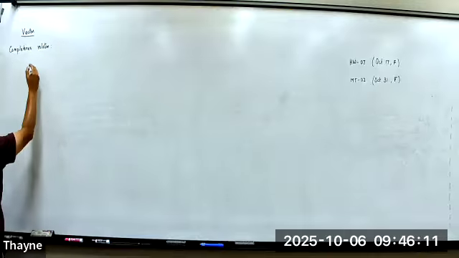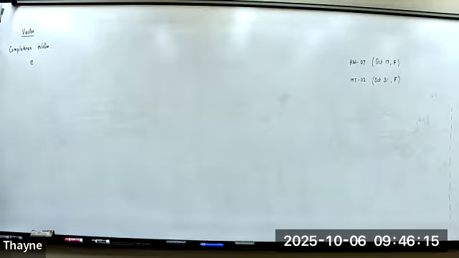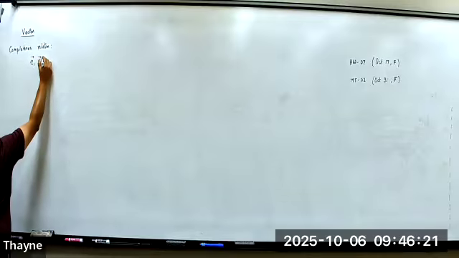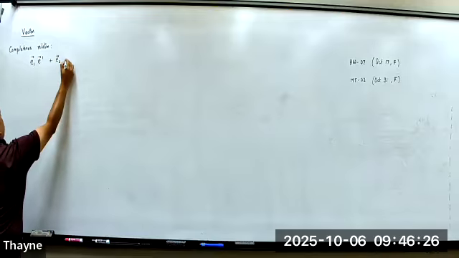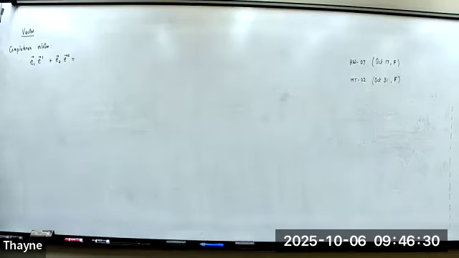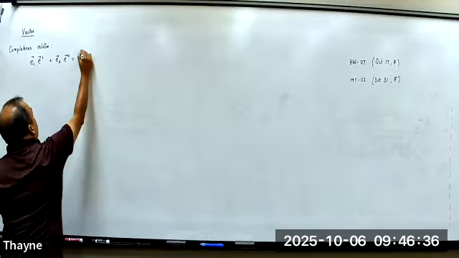That tells us that it's a collection of eigenvectors, so e1 e1 plus e2 e2. If it was i hat plus j hat, this will be equal to 1. That's completeness.